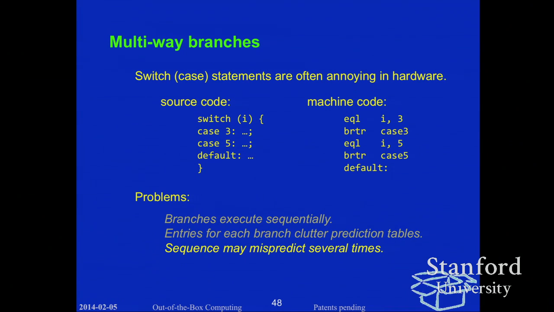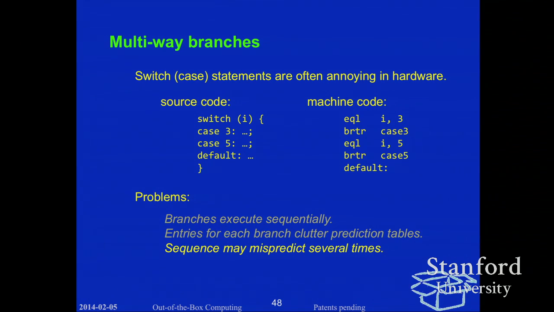It's possible for the sequence to mispredict several times because the predictions will zoom down and say, oh, this must be case 3, and we'll send the execution unit off to the corresponding case. It's discovered that this is wrong.